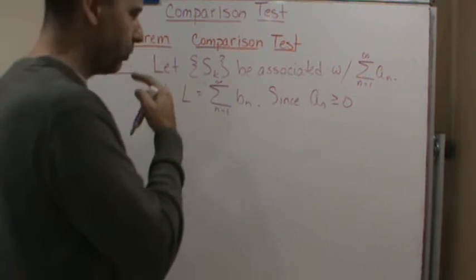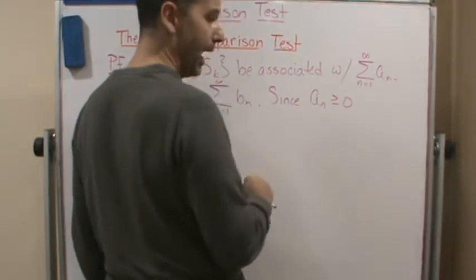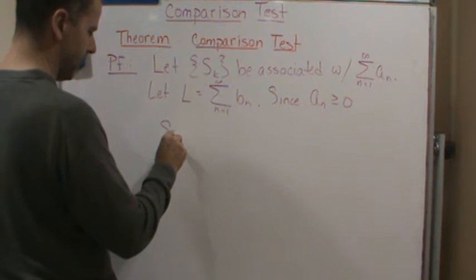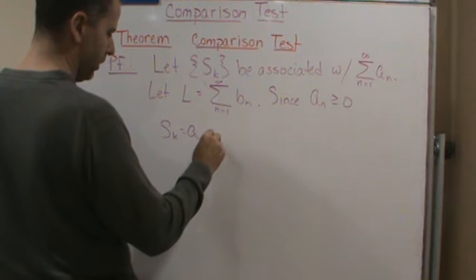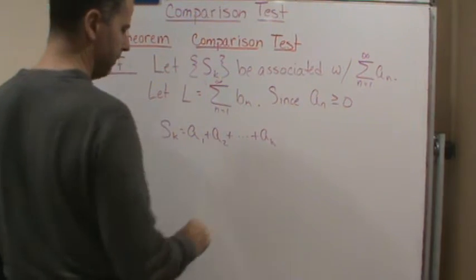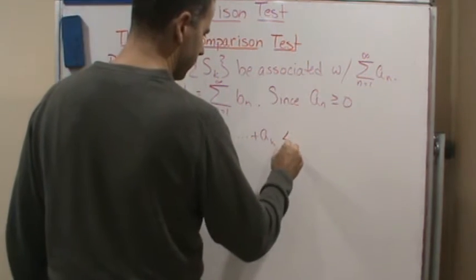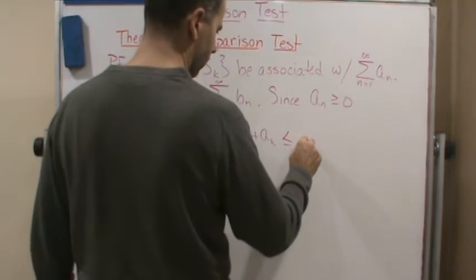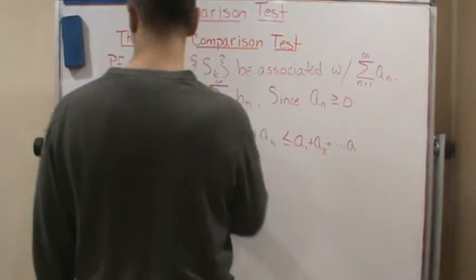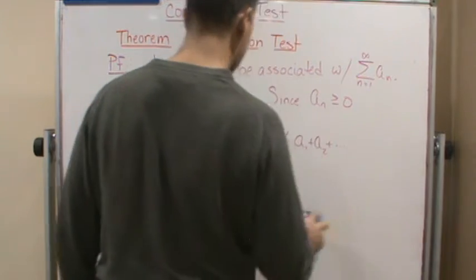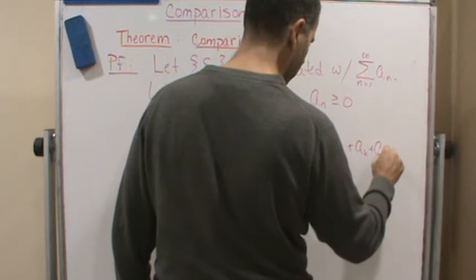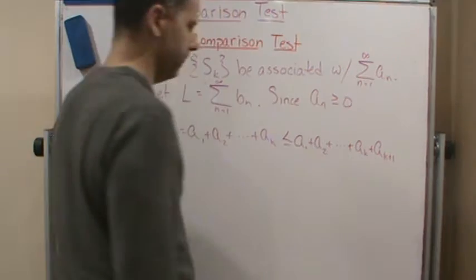Well, since all of the terms are non-negative, if I take S sub k equal to a1 plus a2 all the way up to a sub k, then that's got to be less than or equal to a1 plus a2 all the way up to a sub k plus a sub k plus 1.